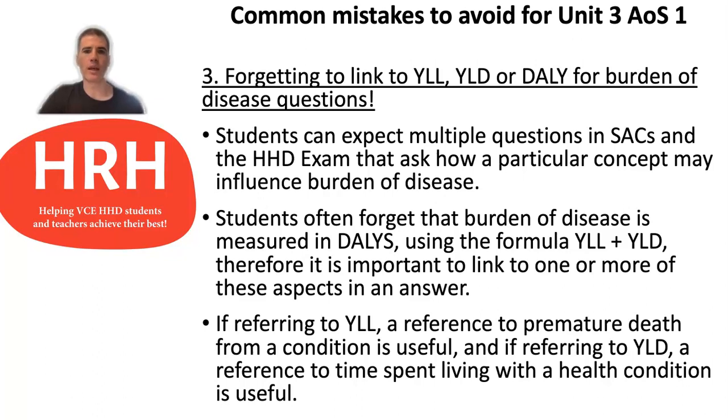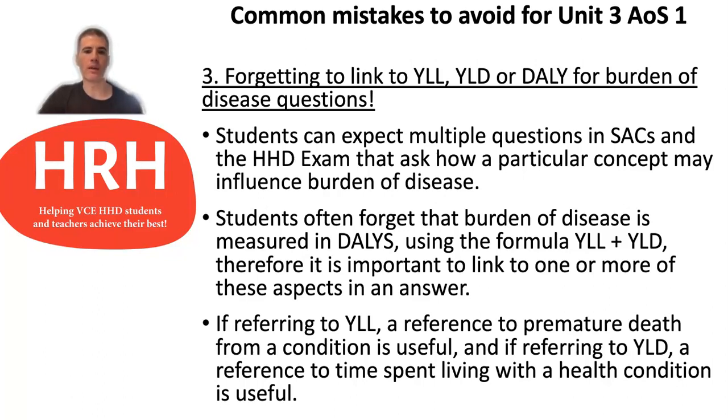You can expect in your SAC and also the exam at the end of the year that health status indicator burden of disease is going to come up multiple times, and so often students forget that burden of disease is measured in DALYs, and that is made up of YLL and YLD, because that's the formula for DALYs, or disability adjusted life years. Therefore, if a question is asking about burden of disease, it's important to try to link into these concepts as part of your answer, and not just to reference that phrase, burden of disease.